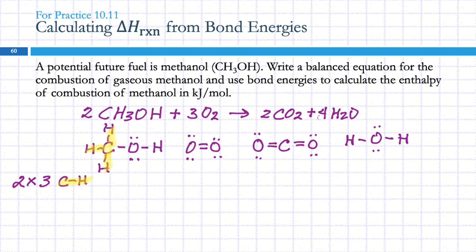We also need to break a carbon-oxygen single bond. How many of those are in that molecule? There's 1 in the molecule, or 1 mole in a mole, and then there's 2. So there's 1 in the structure, and then I'm multiplying by 2.